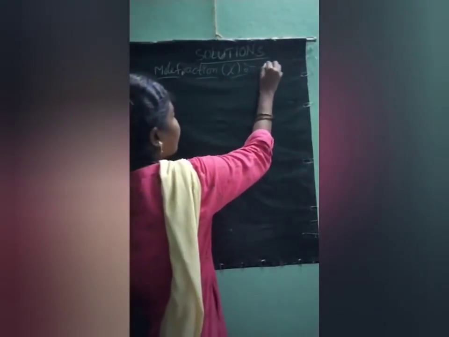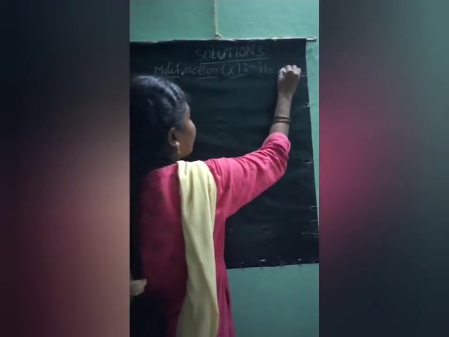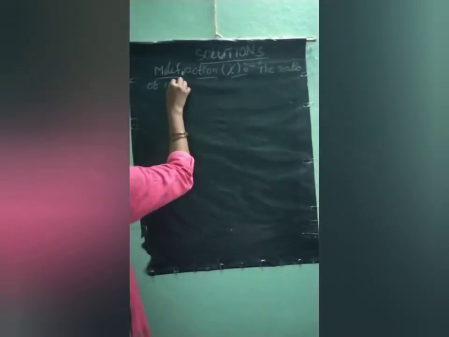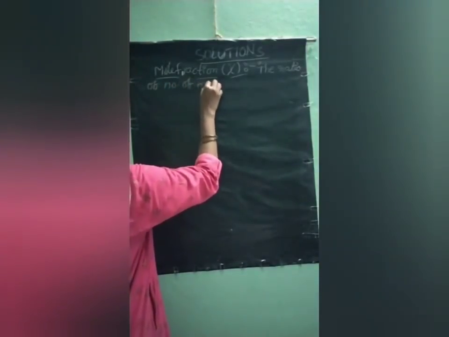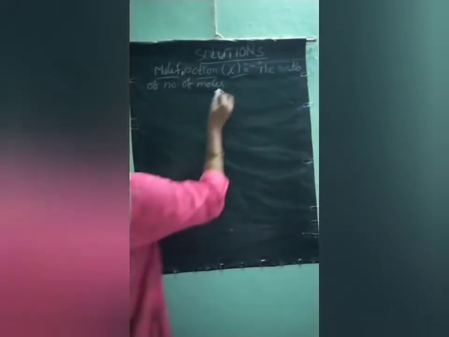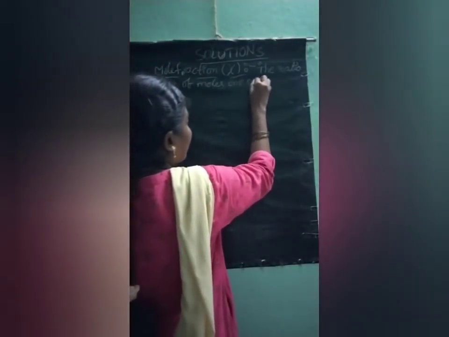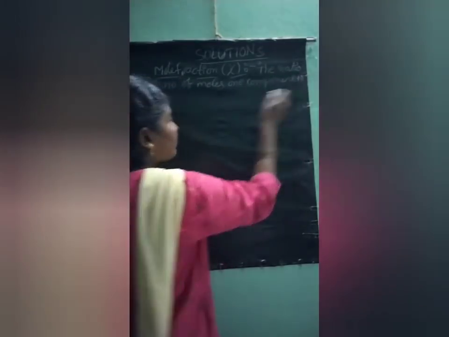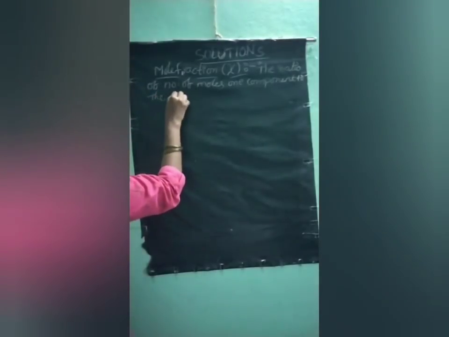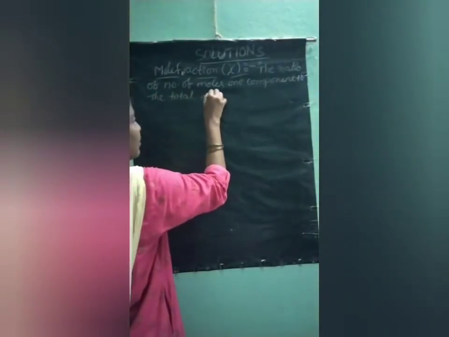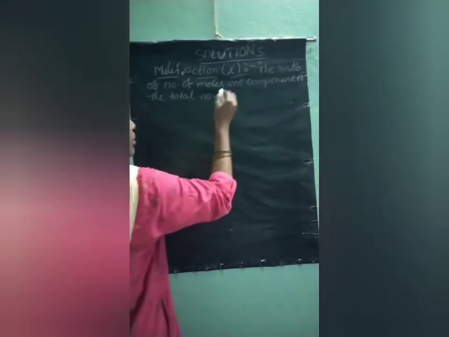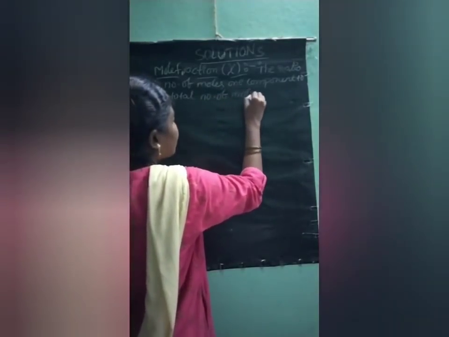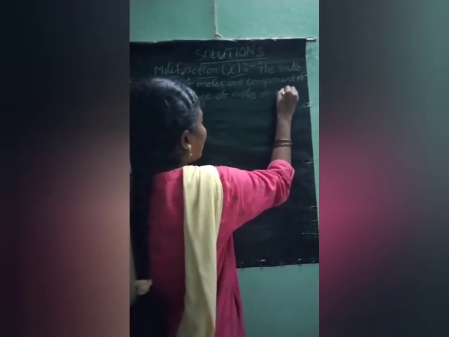The definition is the ratio of the number of moles of one component to the total number of moles of all the components.